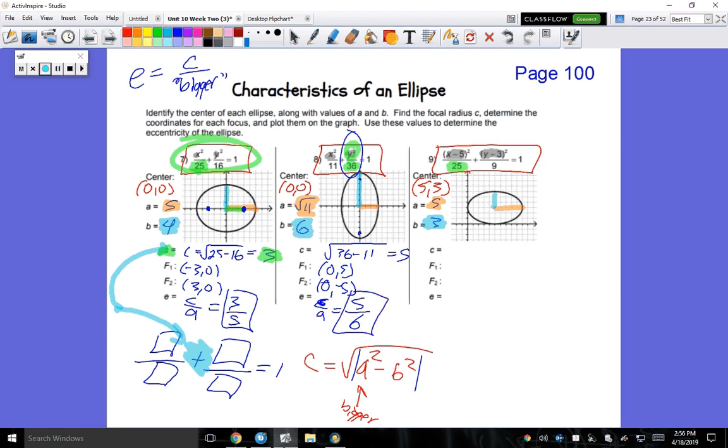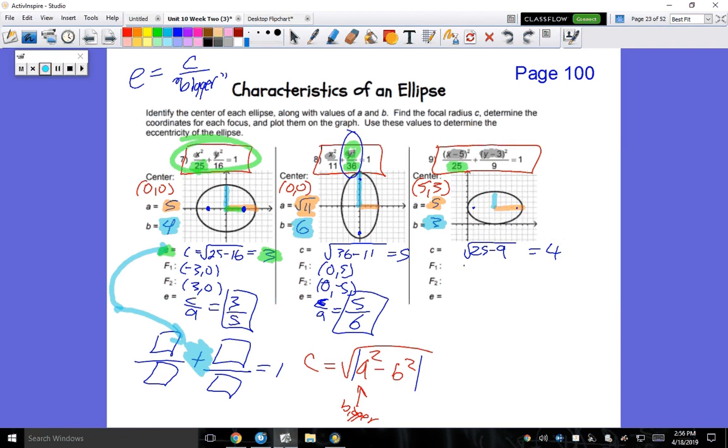So there's my eccentricity. So over here, if we were to do C, the bigger one squared is 25, the smaller one squared is 9. So C is the square root of this. 25 minus 9 is 16. Take the square root. The C is going to be 4. So I'm going to jump 4 to the right and 4 to the left.